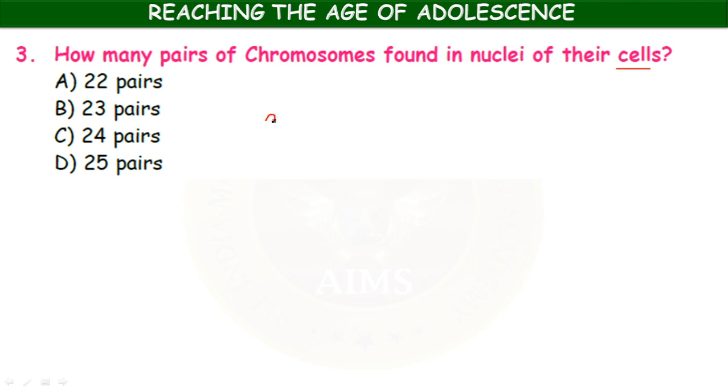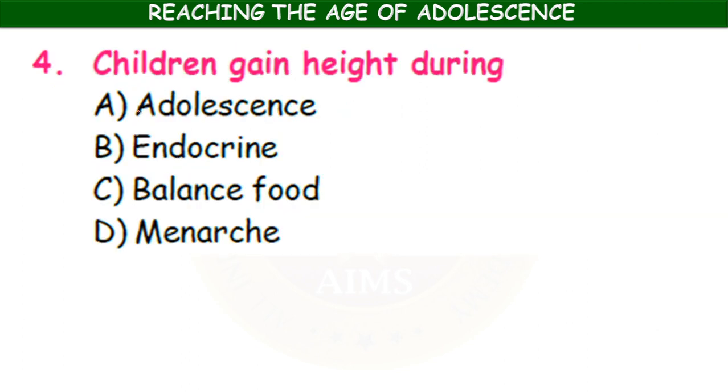It is 22 plus 1 pair, meaning a total of 23 pairs of chromosomes are present, out of which 22 are called autosomes or vegetative chromosomes, and the remaining 1 pair is called the allosome or sex chromosomes. Okay, total 23 pairs.